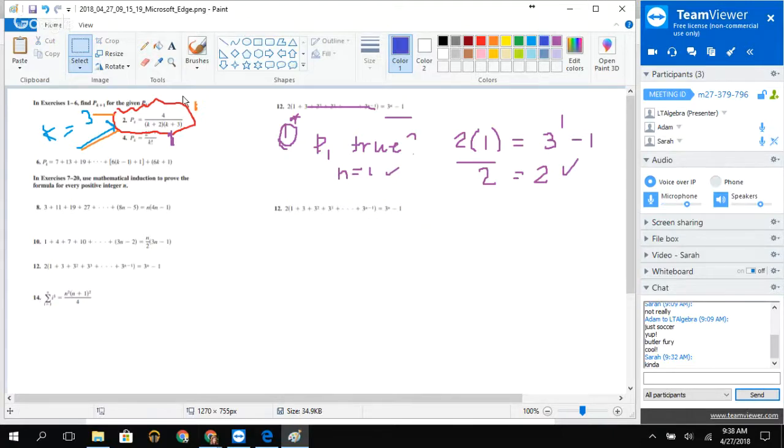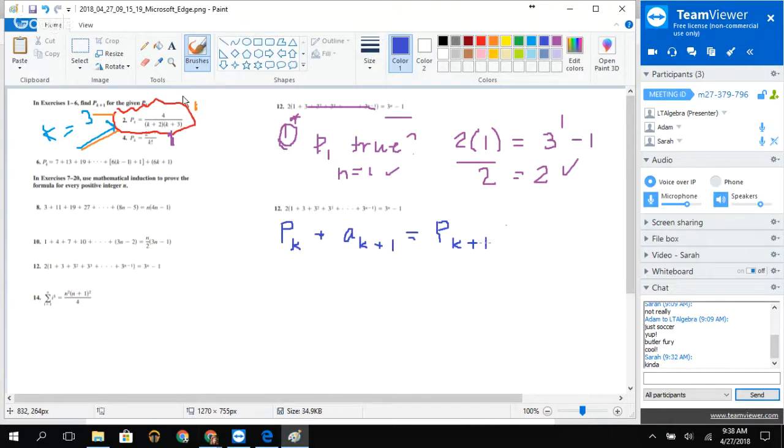We need to show that if we add all of these up together to some number k, and then we add on the next term, a sub k plus 1, just the next one, is that the same as just putting in the next number?